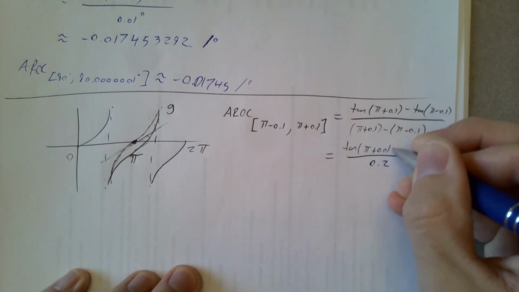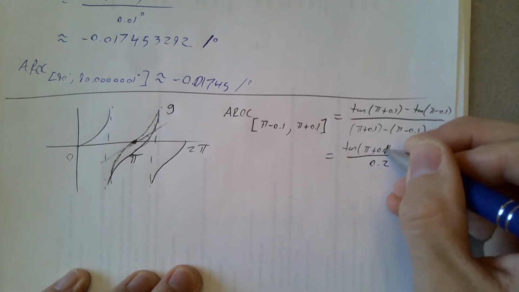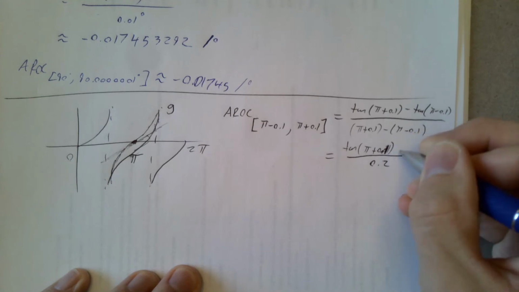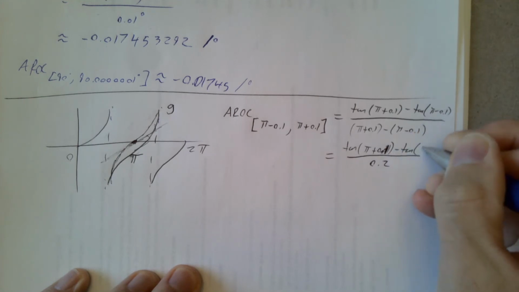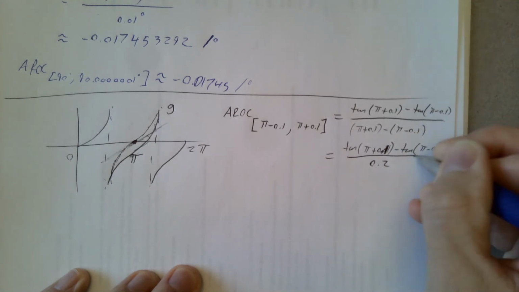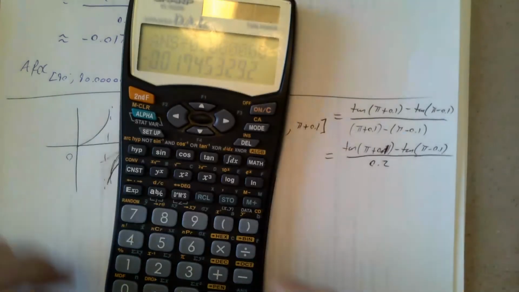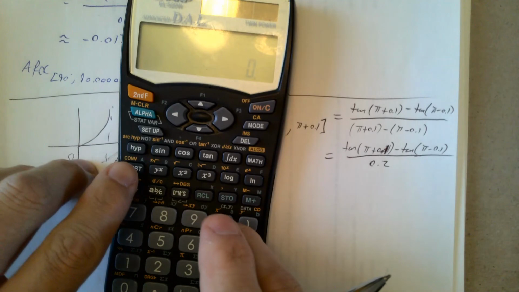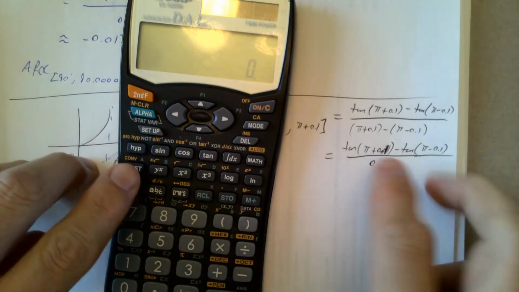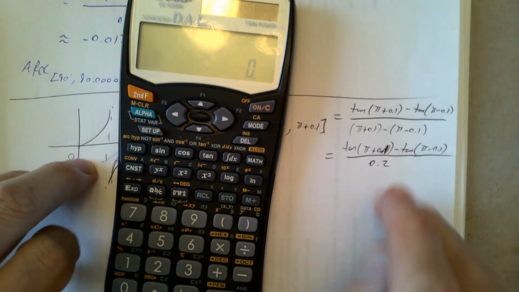The tangent ratio isn't distributive either. I'm not doing anything in my numerator here. I think next time I'm just going to write this down. Okay, calculator. I can hit equals in my numerator and divide by that denominator.